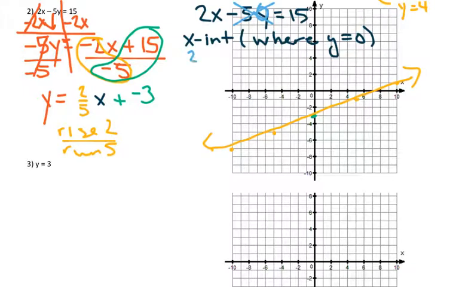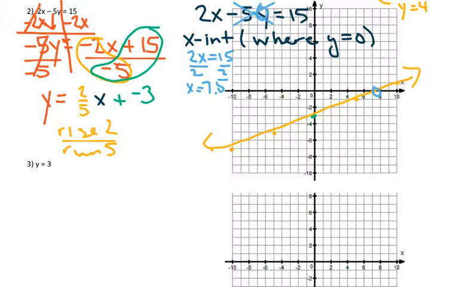I'm left with 2x equals 15. Divide both sides by 2. X equals 7.5. Now this one probably would not be the best decision to just find the x and y intercepts, simply because 7.5 is a little difficult to graph accurately. It will work, but it's probably best to do it the way I did it at the beginning.